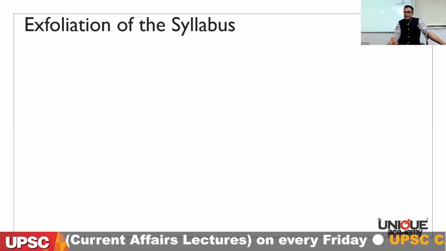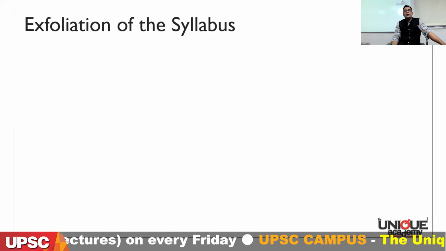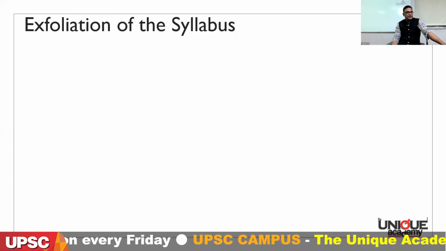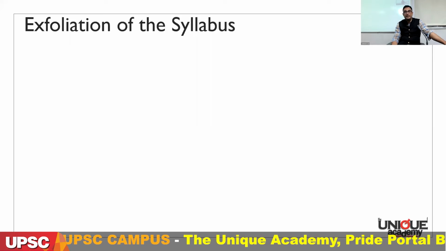Okay? And in this slide, I'm going to list out all those topics for you. Over the course of next 12 to 15 lectures, I will be discussing each one of these topics in detail.